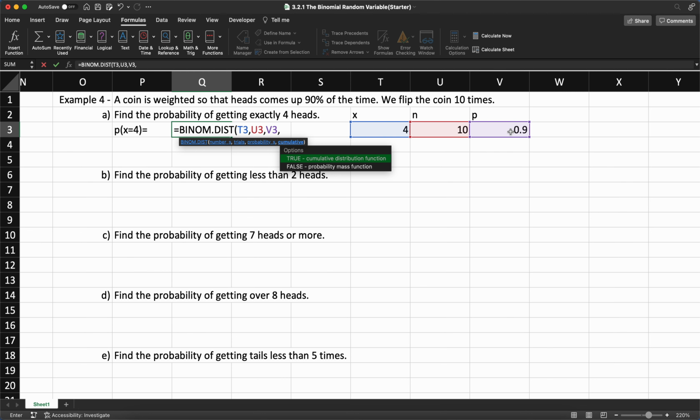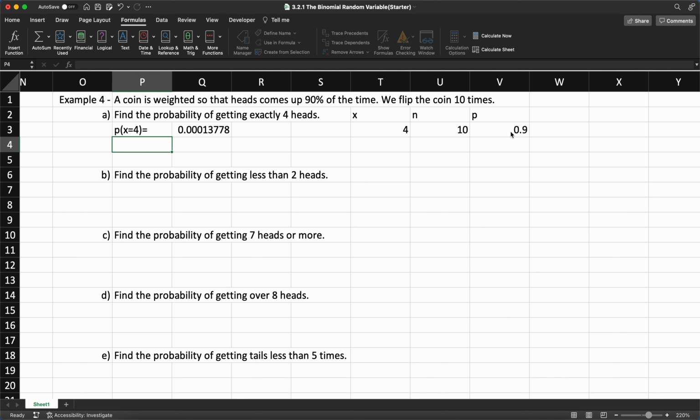We want false here because we want exactly, we don't want it to be cumulative, we want exactly getting 4 heads. And that comes out to 0.0001378. Okay.